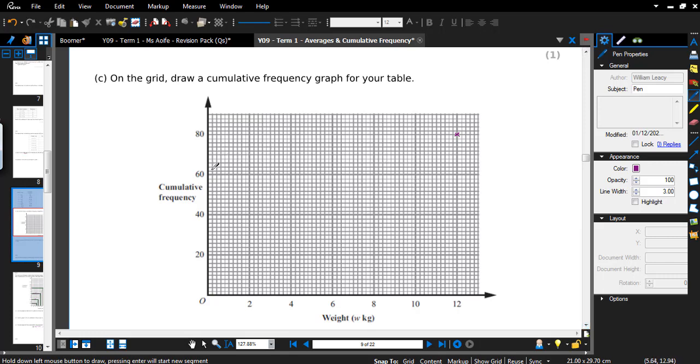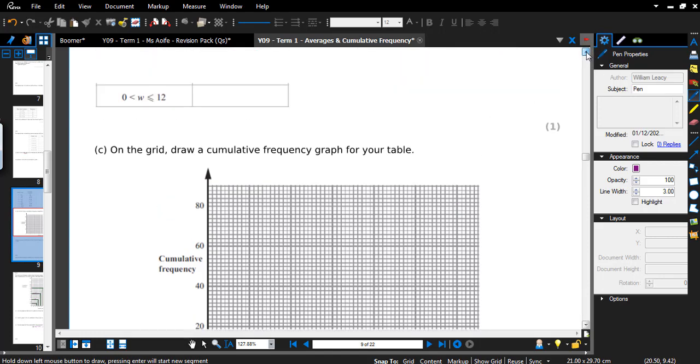Each of these is 2, so 75 is going to be 7.5. I'm going to go 1, 2, 3, 4, 5, 6, 7.5. It's going to be in there, because 7.5 times 2 is 15.